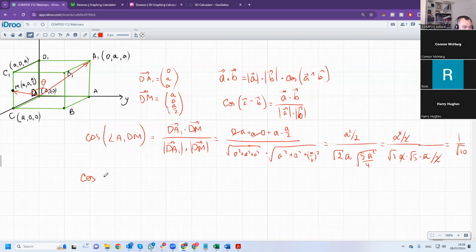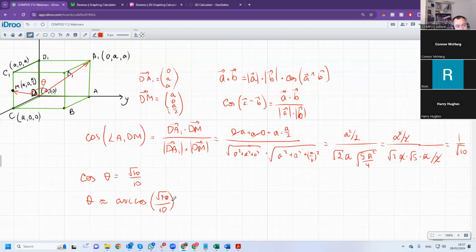So cosine of the angle theta is square root of 10 over 10. So the angle in question is arc cos of square root of 10 over 10.